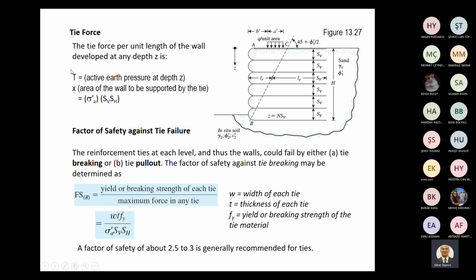And tie force, capital T, will be equal to active earth pressure at any depth multiplied by area of the wall to be supported by the tie.